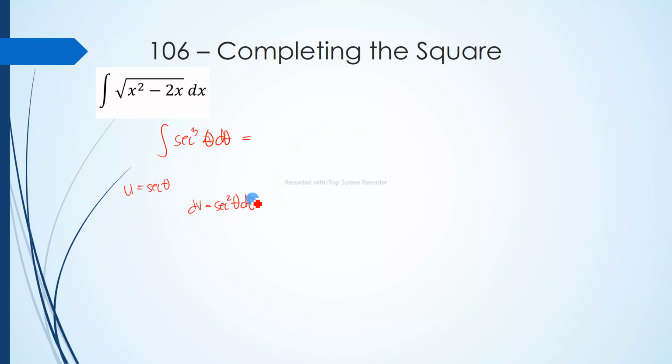It is secant squared theta d theta, not secant theta d theta, because by simplification we know that if we let dv be secant squared theta d theta, it is easy to get the integral v, which is equal to tangent theta. And we know also that our du, the derivative of secant theta, is secant theta tangent theta d theta.